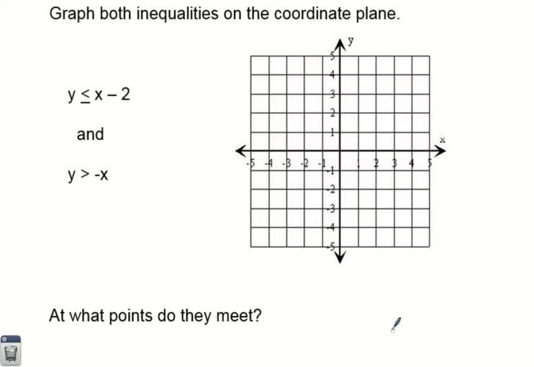So as always, this is going to be the graph where the line has a b value of -2 and a slope of 1. Again, I'm not going to reteach stuff over and over again.